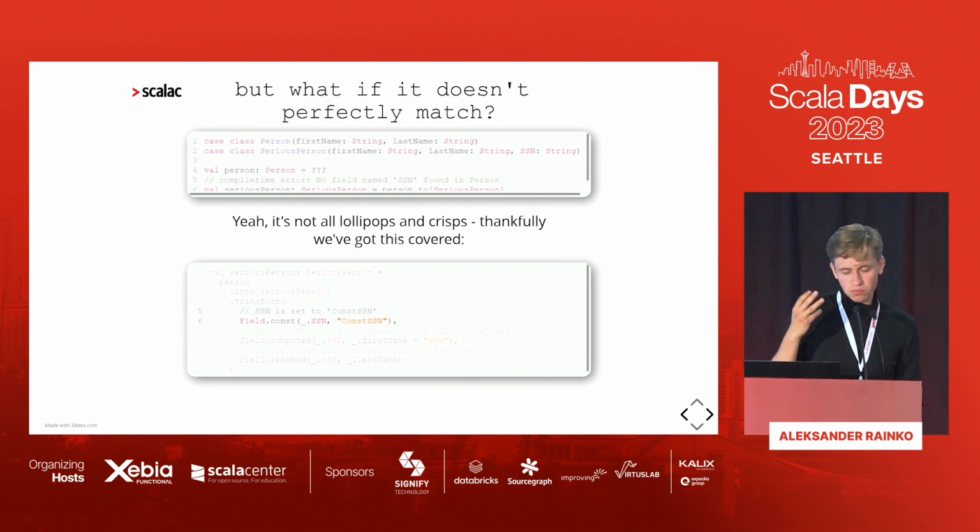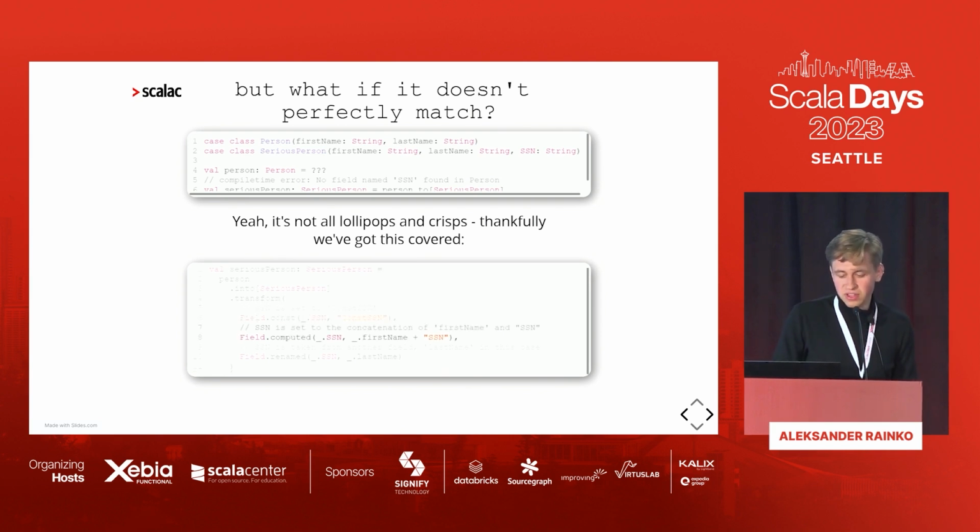There are, I believe, 4 or 5 now, but I only listed 3 of the most primitive ones here. So there's withFieldConst, which sets a constant value to that field. This thing here, ssn, picks the field from the destination type that we need to configure, quote unquote. And that thing actually specifies the value that we are setting.